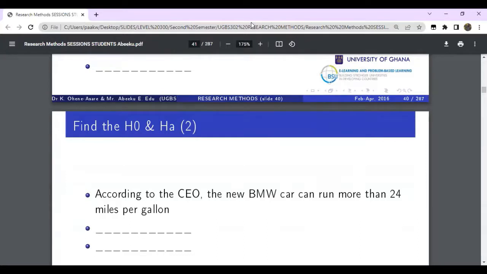According to the CEO, the new BMW car can run more than 24 miles per gallon. More than, yes. So more than is HA. More than means there is no equal, it's not more than or equal to, it's strictly more than.